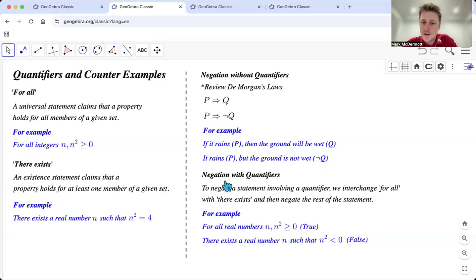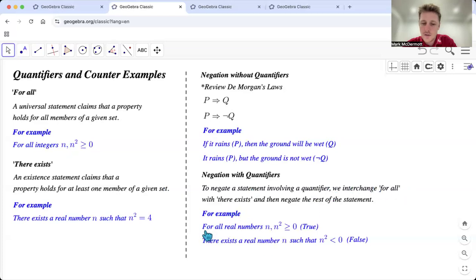But we can have negation with quantifiers, and this is what we want to get to. To negate a statement involving a quantifier, we interchange for all with there exists and then negate the rest of the statement. For example, for all real numbers n, n squared is greater than or equal to 0. This is the example we had before. Interchange for all with there exists.